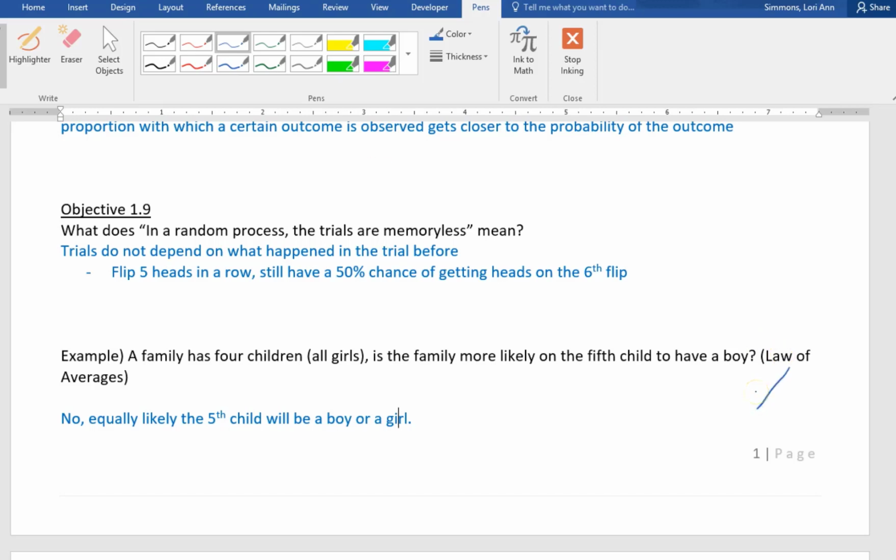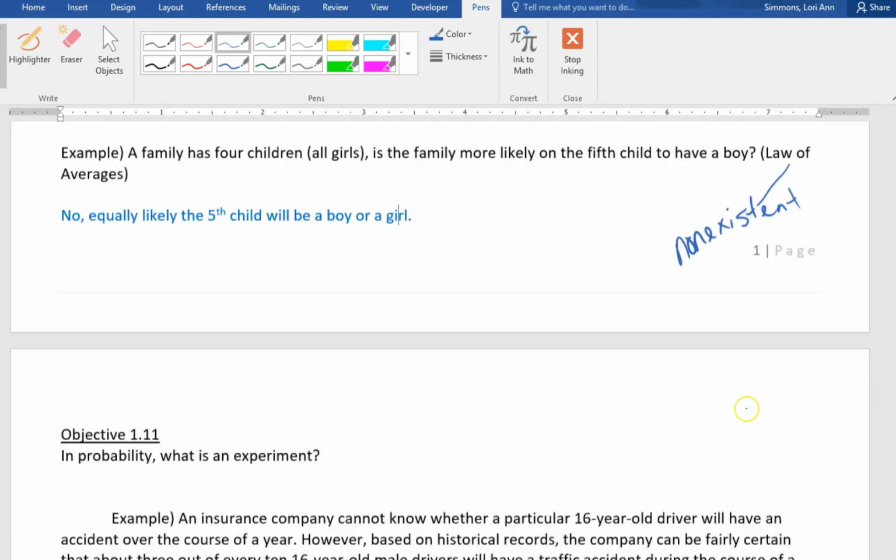This law is non-existent. Just because you had 4 girls doesn't mean you are more likely to have a boy on the 5th. So the law of averages does not exist.